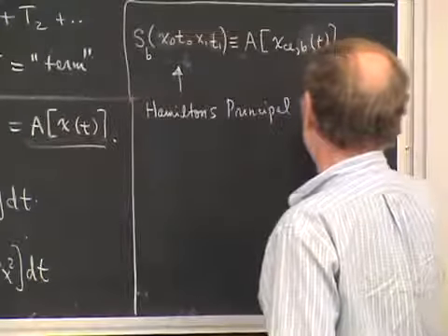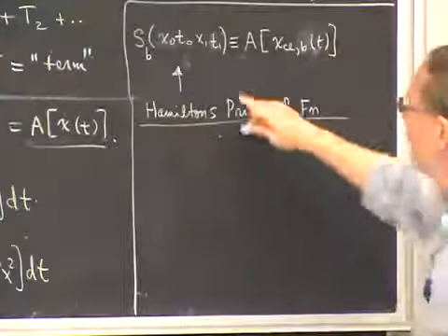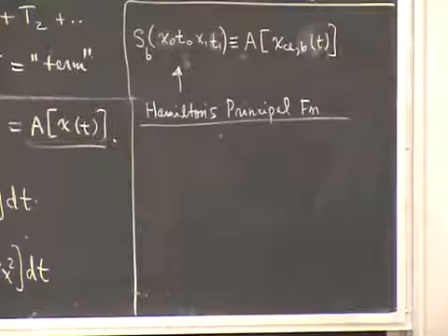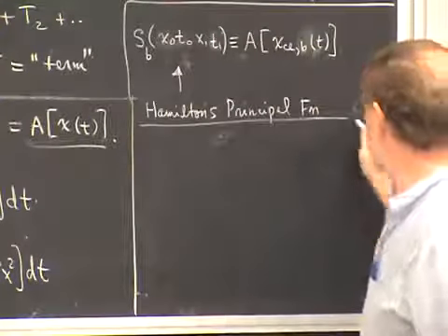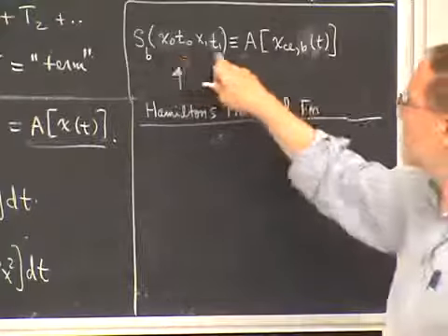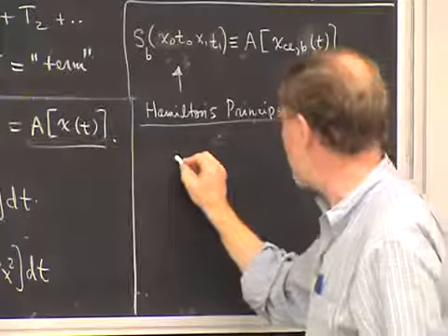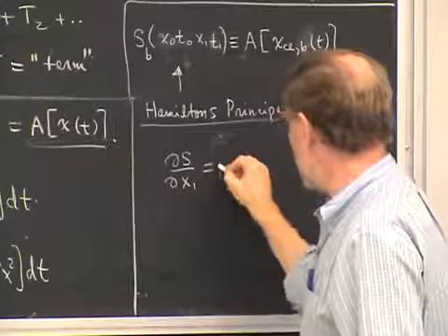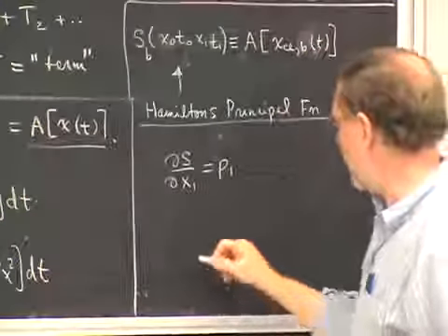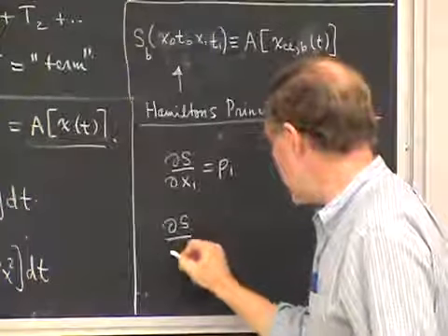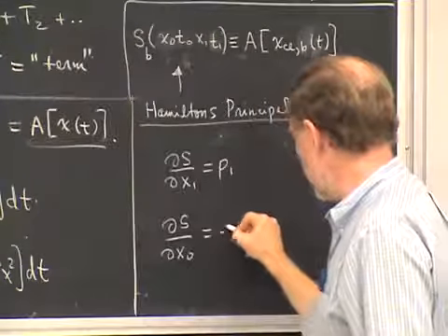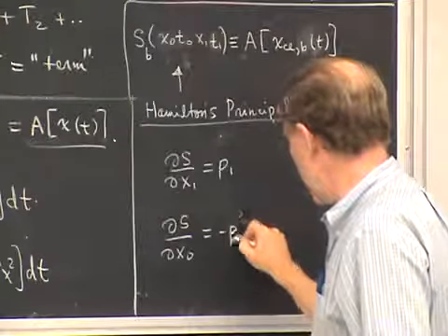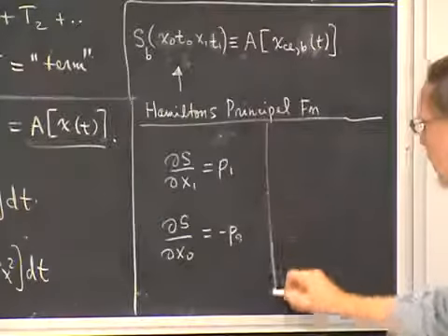Now, Hamilton's principal function is a function of these four parameters. One of the things that Hamilton showed was that this function satisfies interesting differential equations. In particular, dS/dx1 is equal to the momentum at the endpoint of the path. And dS/dx0 is equal to minus the momentum at the beginning of the path.